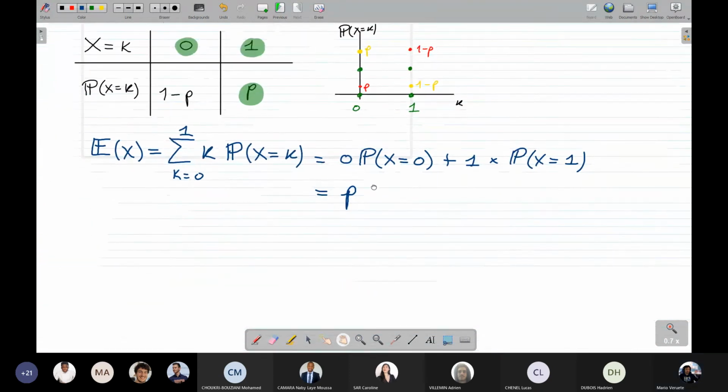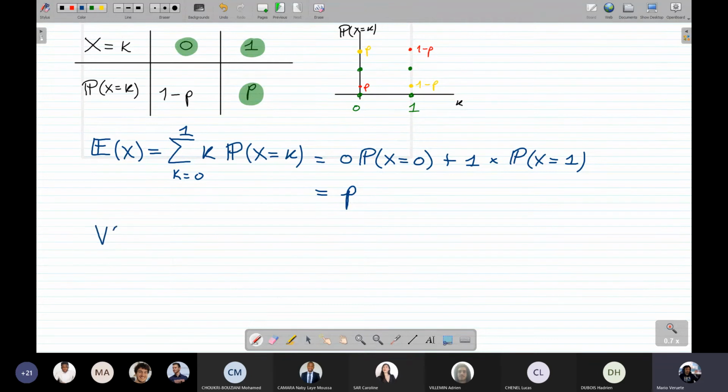Now, what about the variance? Variance of X, which is also sigma square of X. By definition, this is the expectation of X minus the expectation, or mu, because we know that this is finite now, squared.